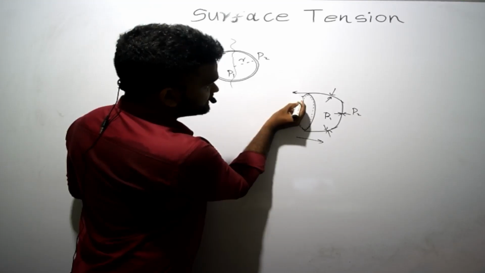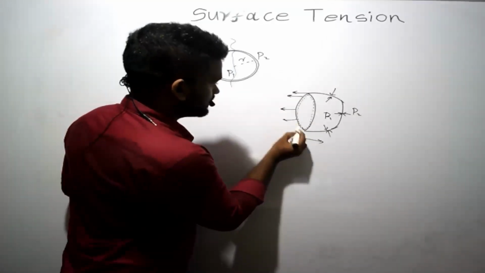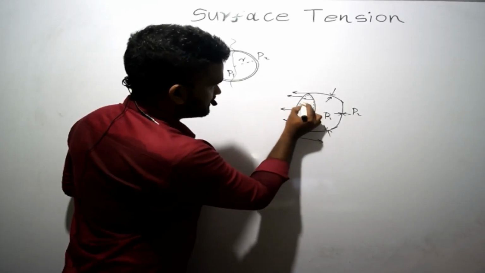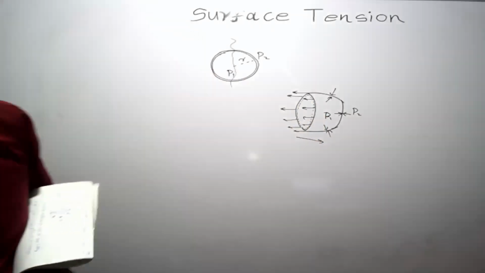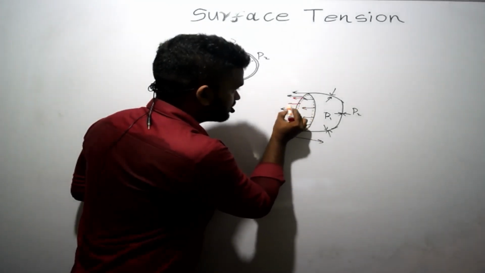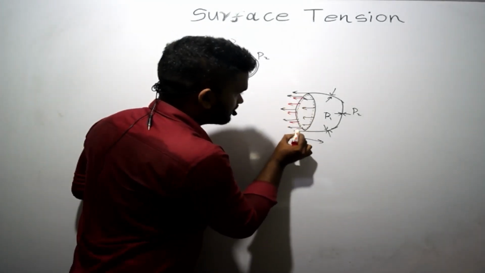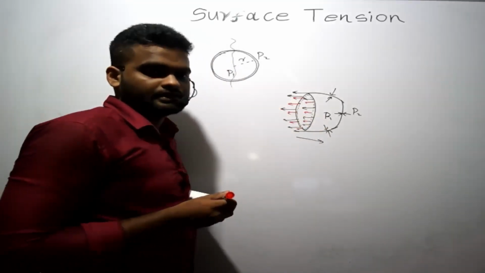But there are two free surfaces, right? These are the forces by one surface. Then there's another surface, an internal surface as well. Got it?